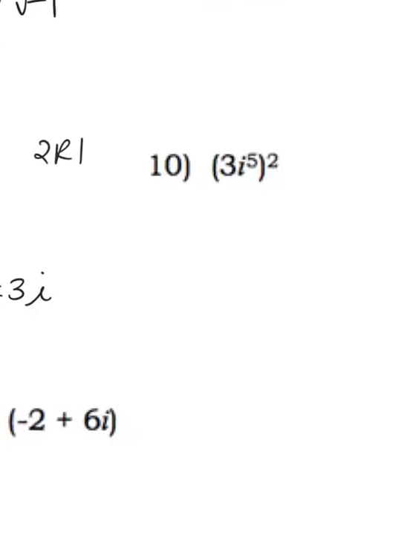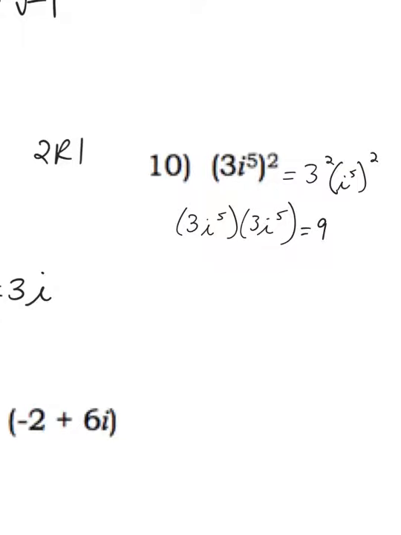For number 10, you're going to use your laws of exponents. And remember, the laws of exponents state that you can do one of two things. You can either write this out twice and multiply it, or you can put both of the factors inside to the 2nd power. Either way, you're going to end up with the same answer.